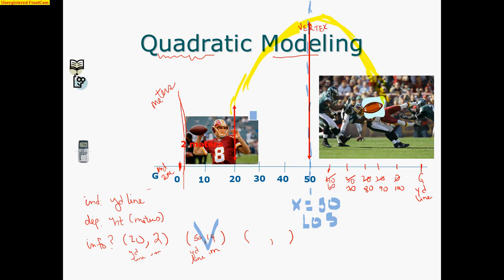Symmetry. So if you have the point 20, 2, how far is it to your symmetry line? How many steps does it take here? From 20 to 50 is 30. So how many steps does it take over here? You also want to go 30.